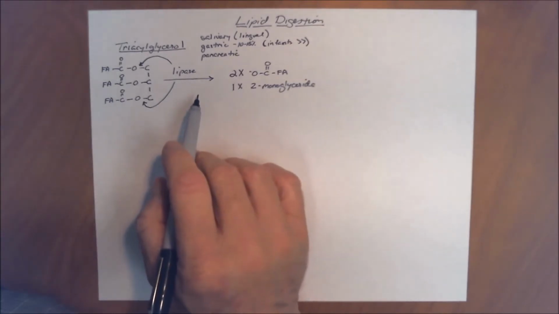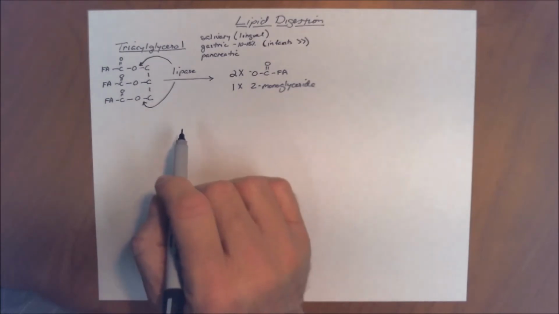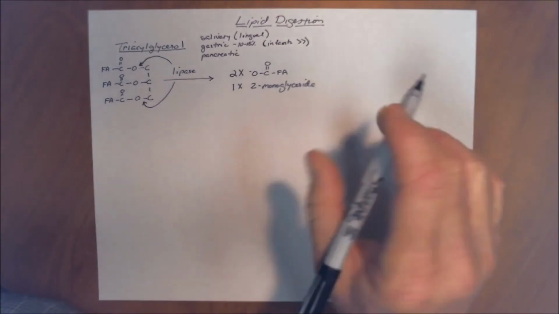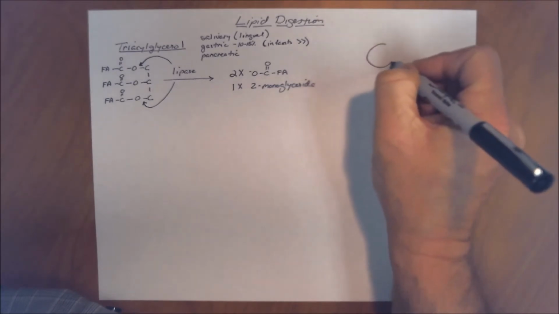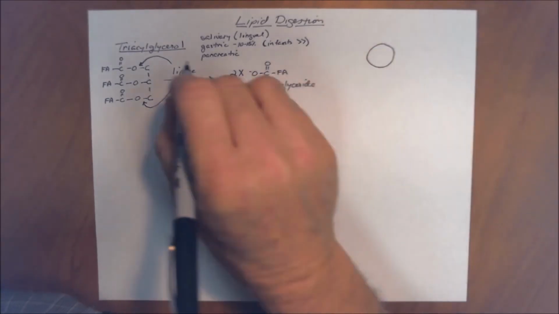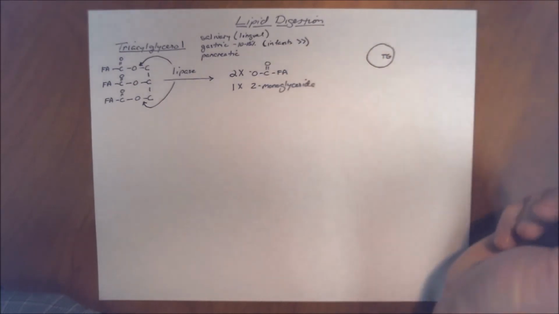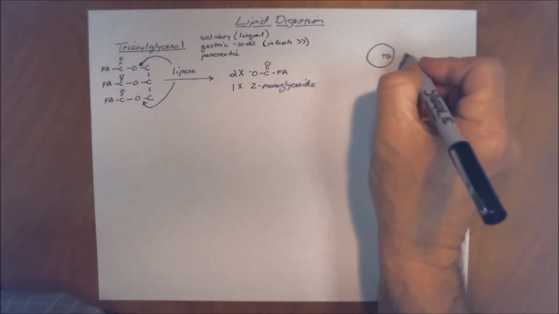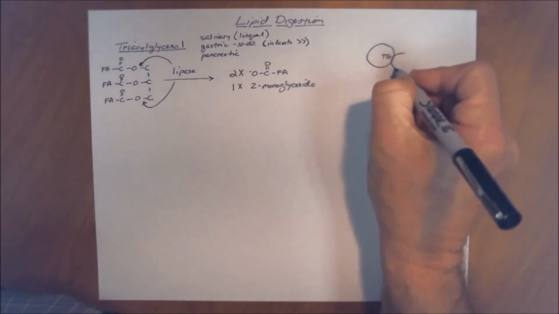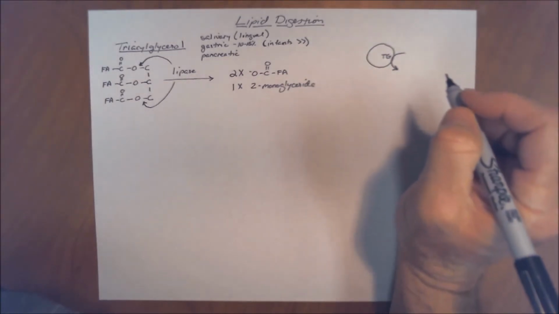Now the lipase does not work by itself, because if you recall back in talking about bile, the triglyceride structures are located in these large lipid droplets. Therefore, the lipase has to be able to work in these lipid droplets.